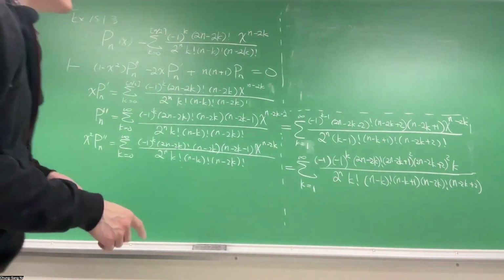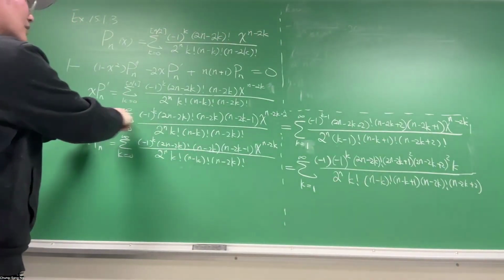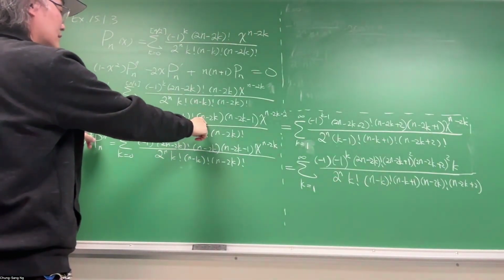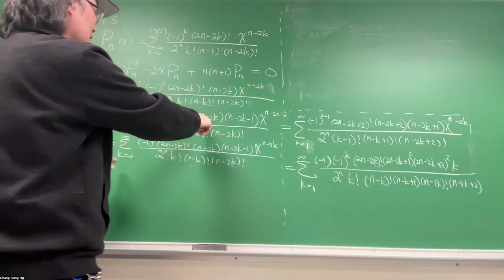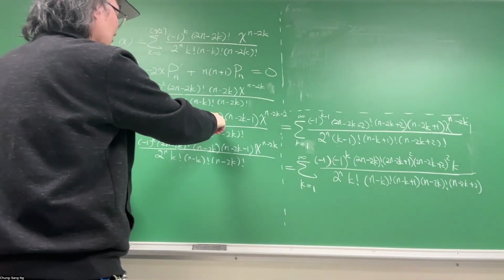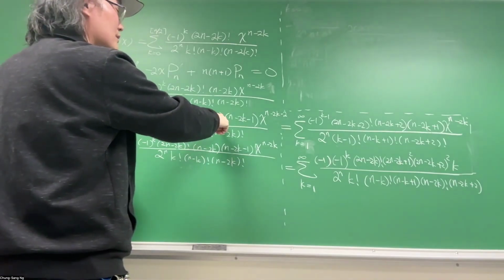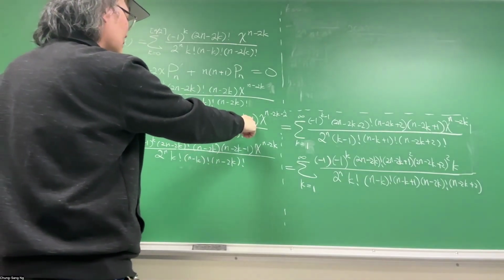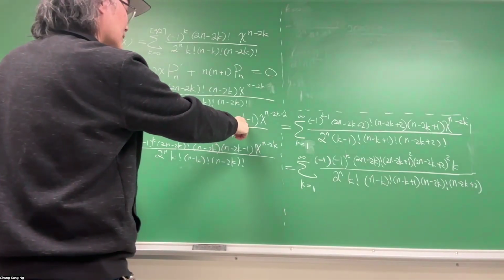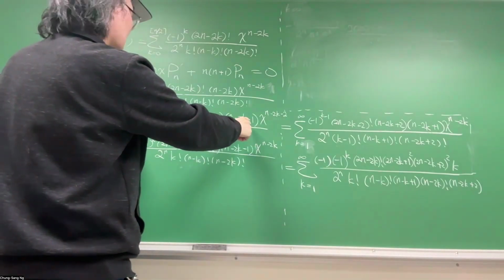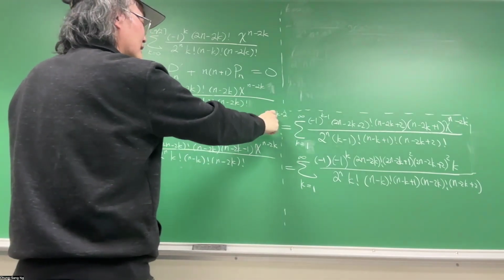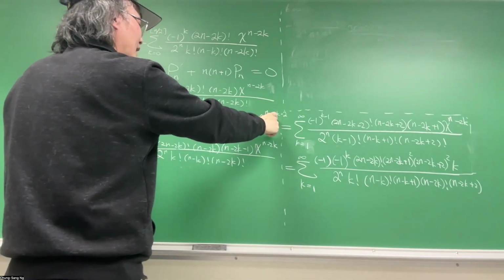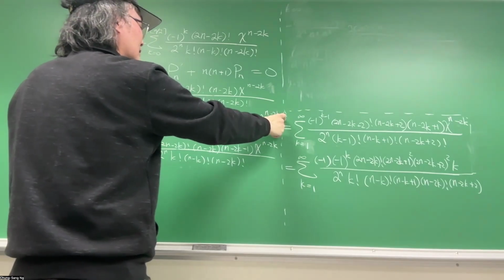Because you take the derivative, you get this factor and this factor, and then after the shift, this becomes n minus 2k plus 2 and this becomes n minus 2k plus 1, right? Because due to the shift, k becomes k minus 1.